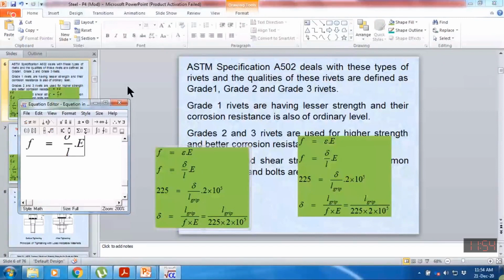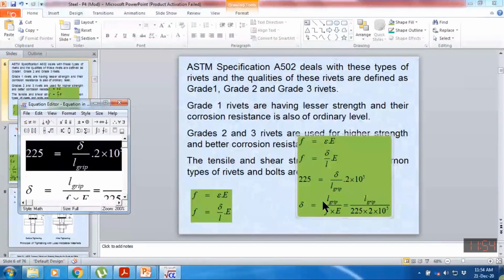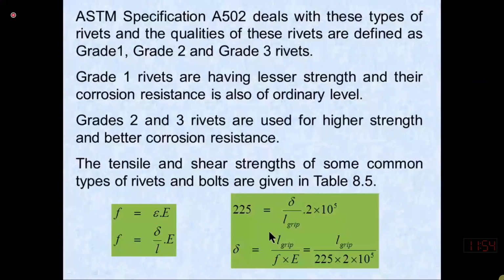So only if I know the length of the grip, I can know how much delta value I can provide. So what are we supposed to do? We are stretching this bolt, trying to elongate it by providing this particular delta value. For example, this comes out to be 2 millimeter.